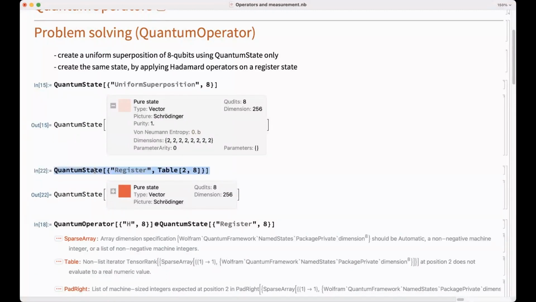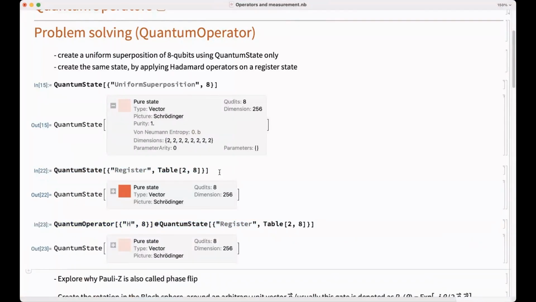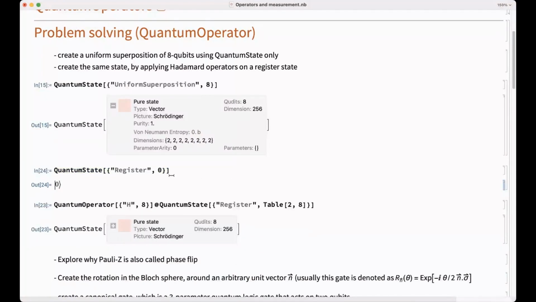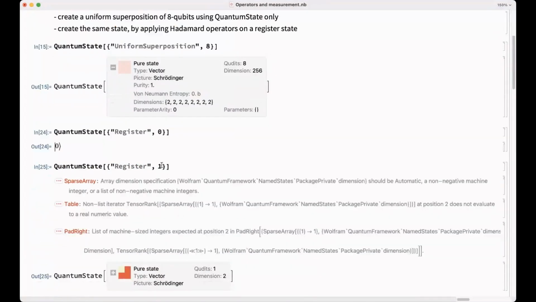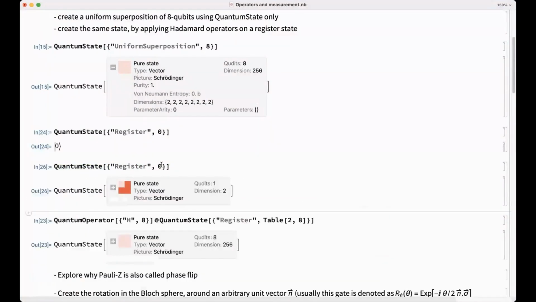What's happening with register state is that the list you give tells you the dimension of each of those quantum states. We are saying that all of them are of that dimension. It's very odd to have those particular features, but that's what's happening here.